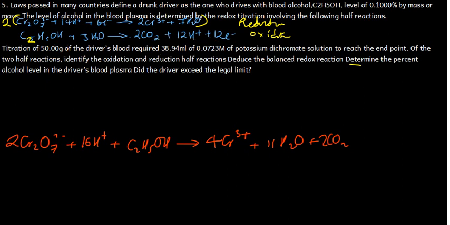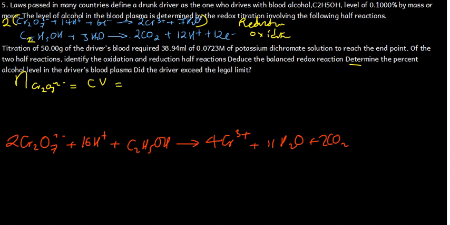So let's calculate the number of moles of potassium dichromate. This is where this ion came from, potassium dichromate. So the number of moles of this Cr2O7 2 minus is going to be equal to concentration times volume.